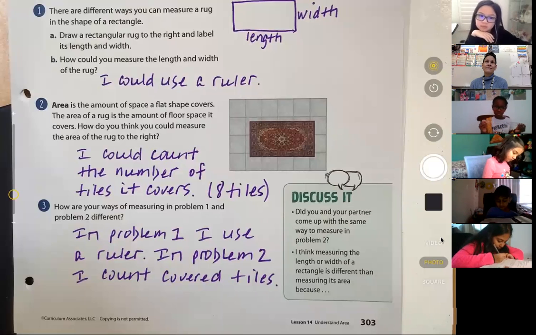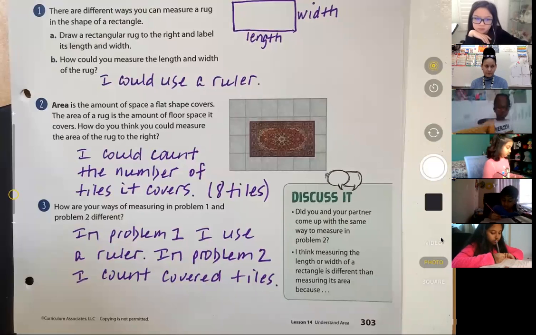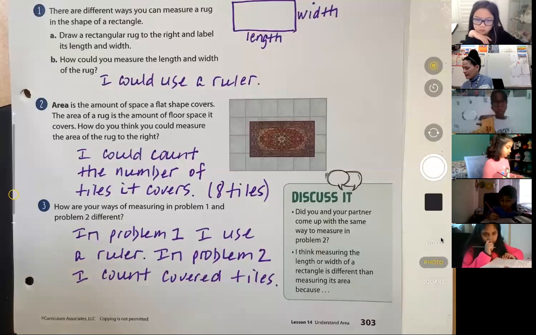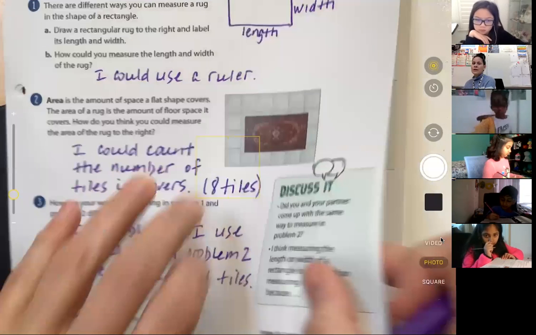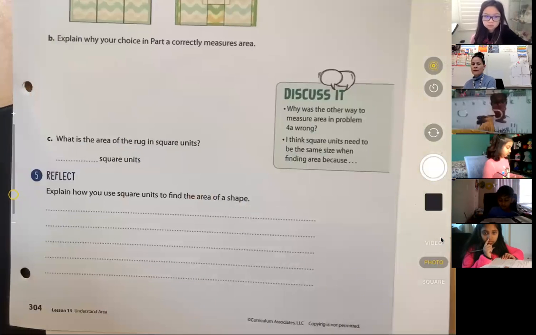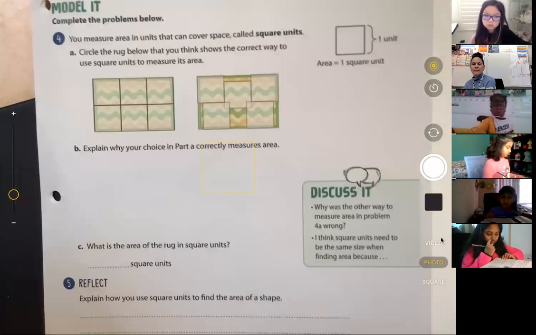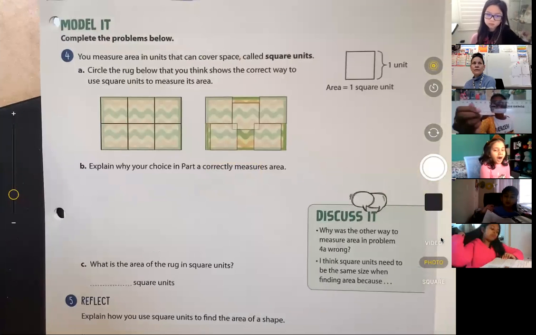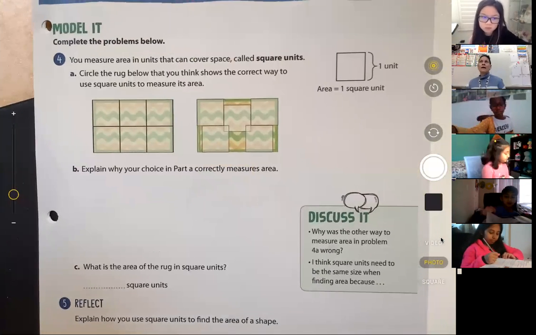That's awesome. I'm going to give you about 5 more seconds and then we're going to move pages. All right, so let's take a look at page 304, up at the top.